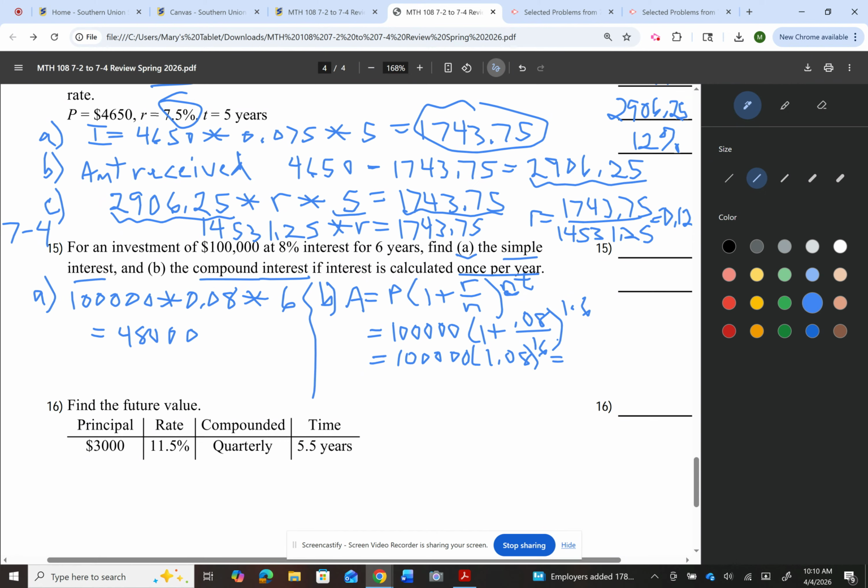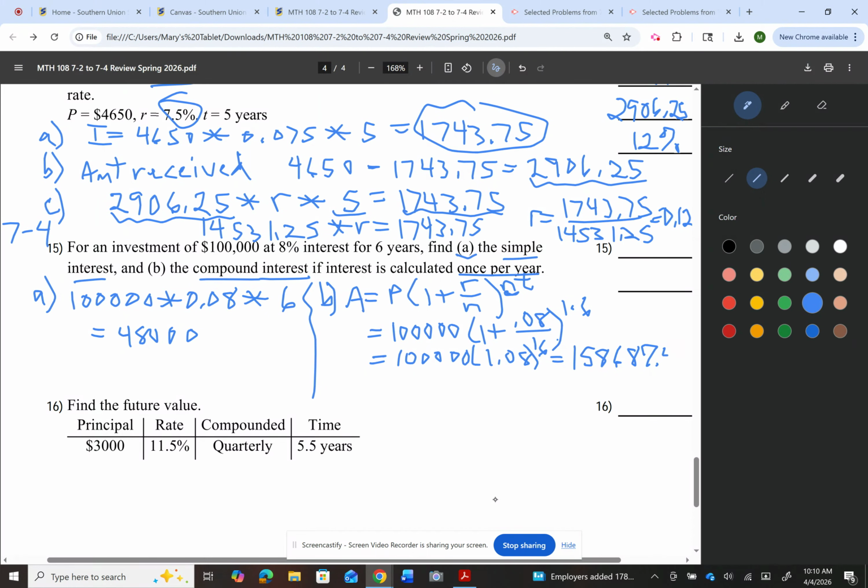I'm going to do 100,000, multiplying it by 1.08, but that 1.08 is raised to the 6th power. What I wind up with isn't the interest, it's the future value of that loan if they did that compound interest.